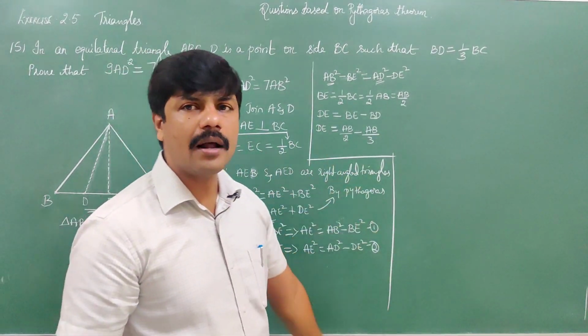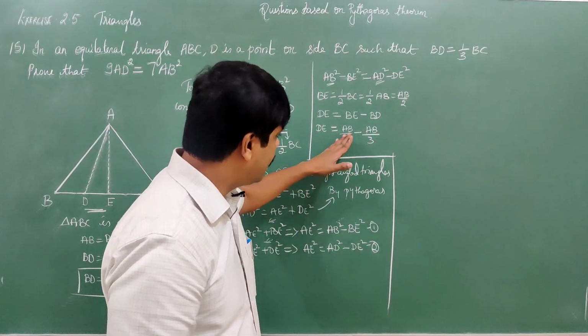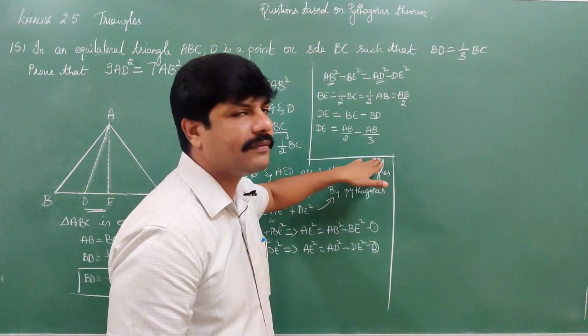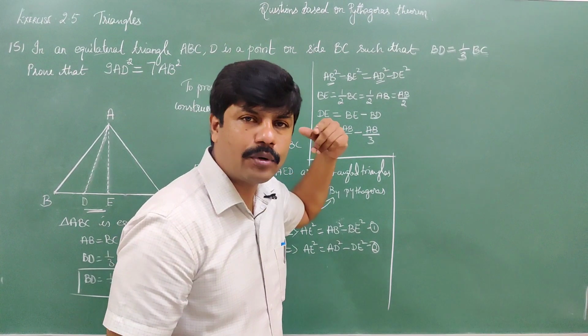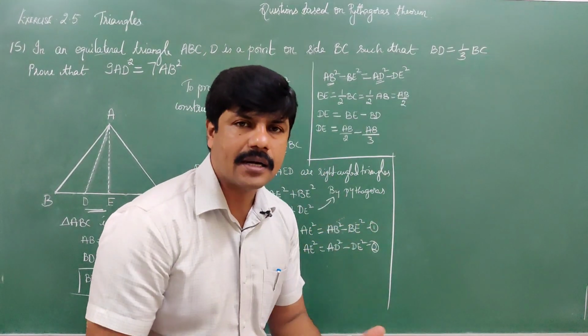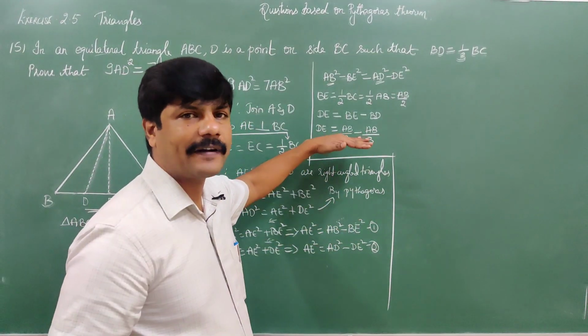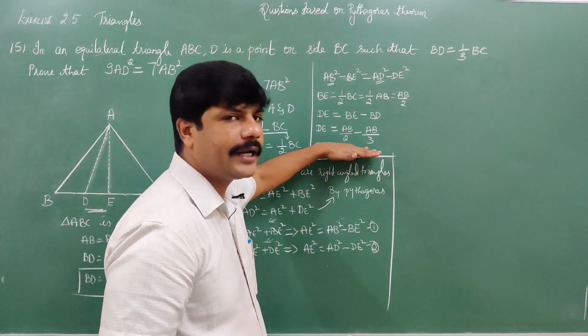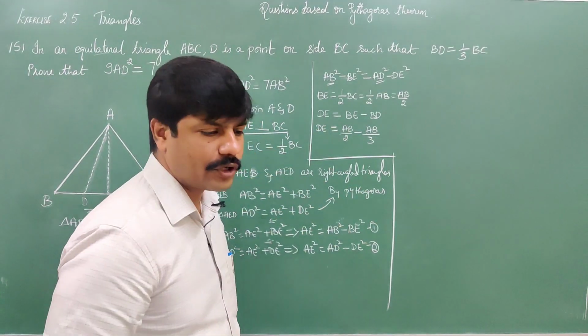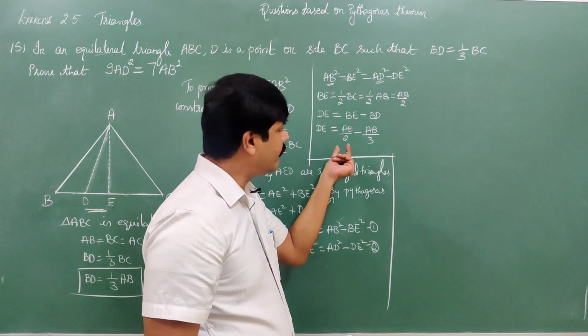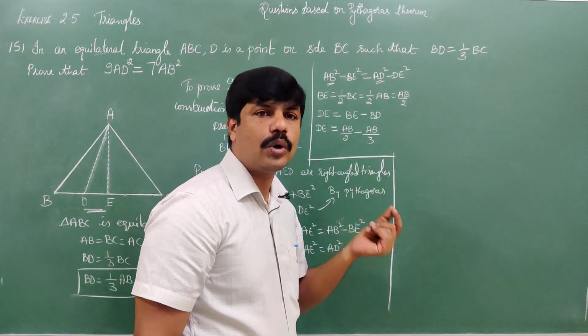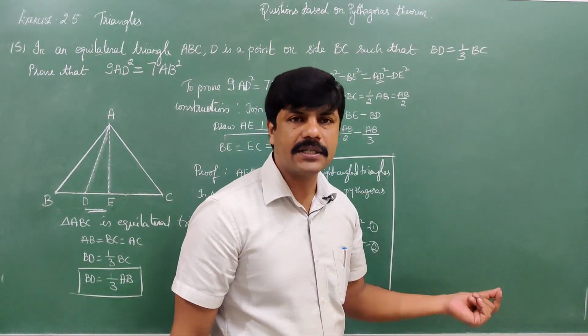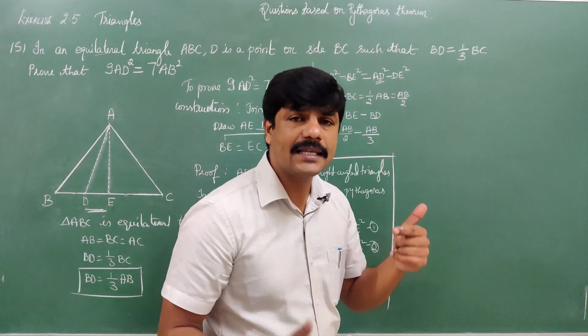Now, for the subtraction of fractions, AB by 2 minus AB by 3, addition or subtraction of this kind of fraction requires the LCM of the denominators. So what is the LCM of 2 and 3? Since both are prime numbers, the multiplication 2 into 3, which is 6, is the LCM.